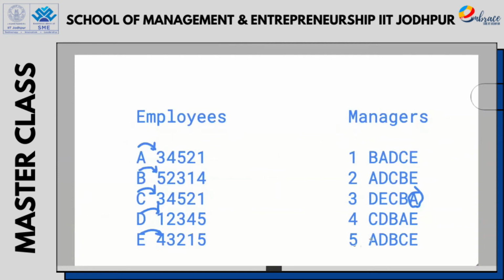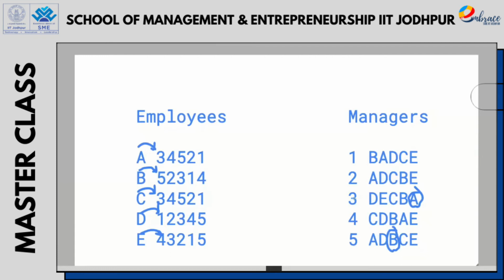Manager 5 says, "Look, out of these 5, I'm not engaged with anyone. I've not accepted anybody's proposal, so I'm fine with going with B." So manager 5 gets employee B. Now we move to the next employee, which is C. Now C says, I would want to work with manager 3.